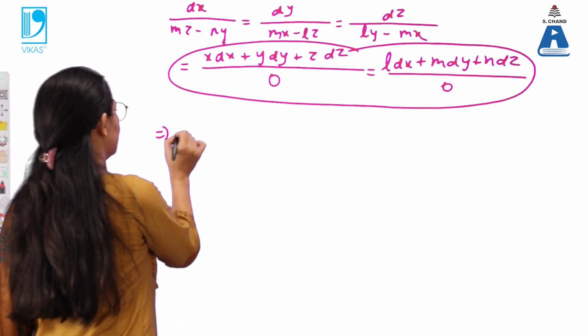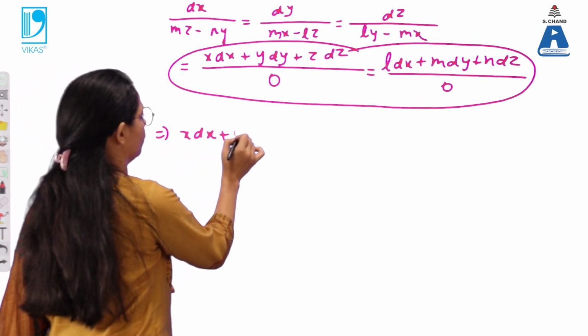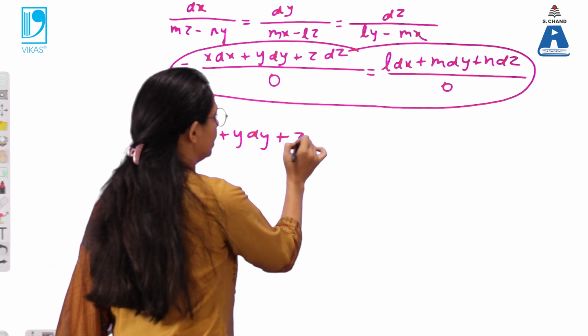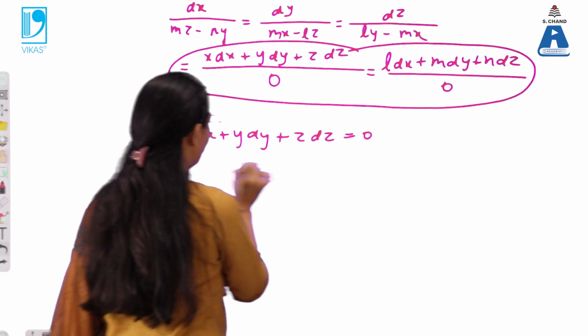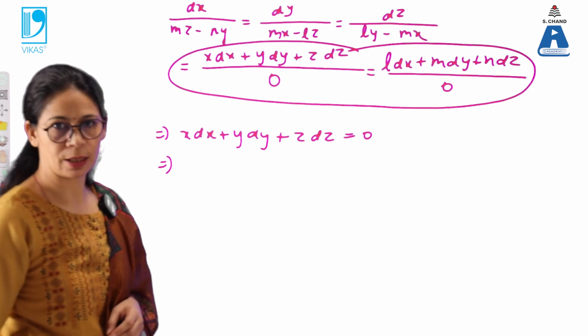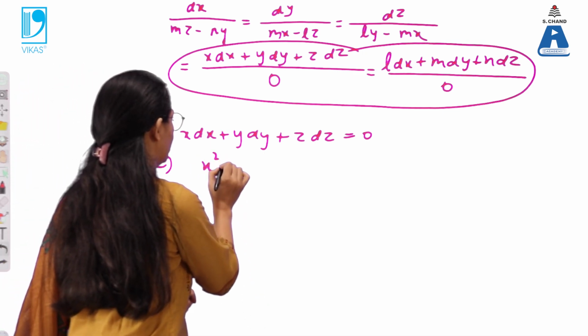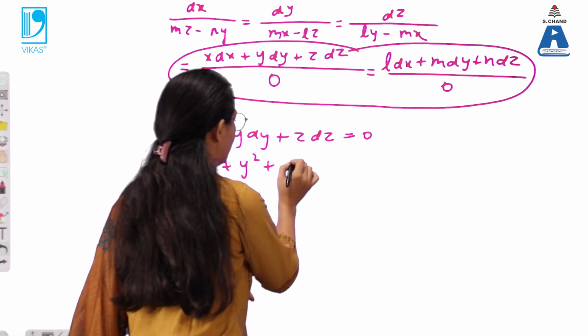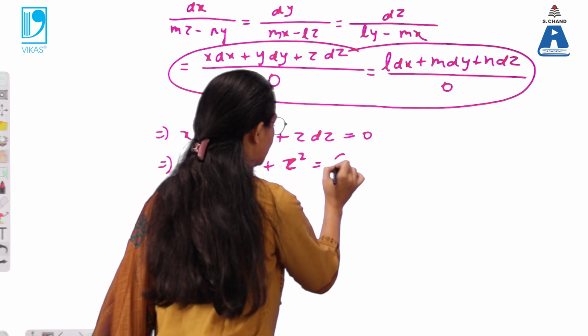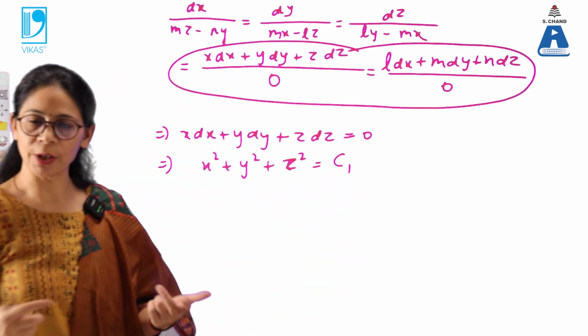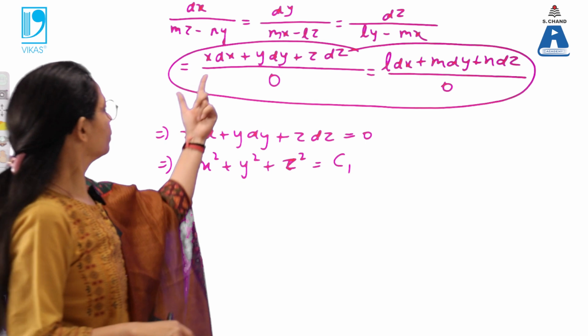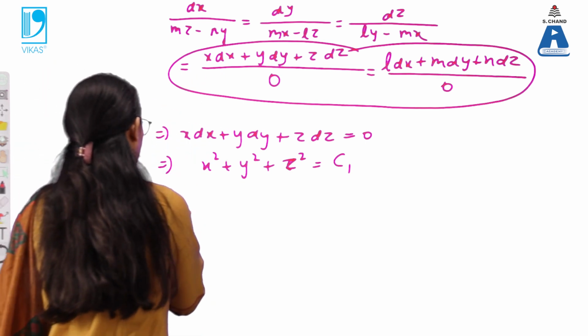So, we take x dx plus y dy plus z dz equal to 0, and integrate it. The integration shows that it becomes x square plus y square plus z square is equal to c1.